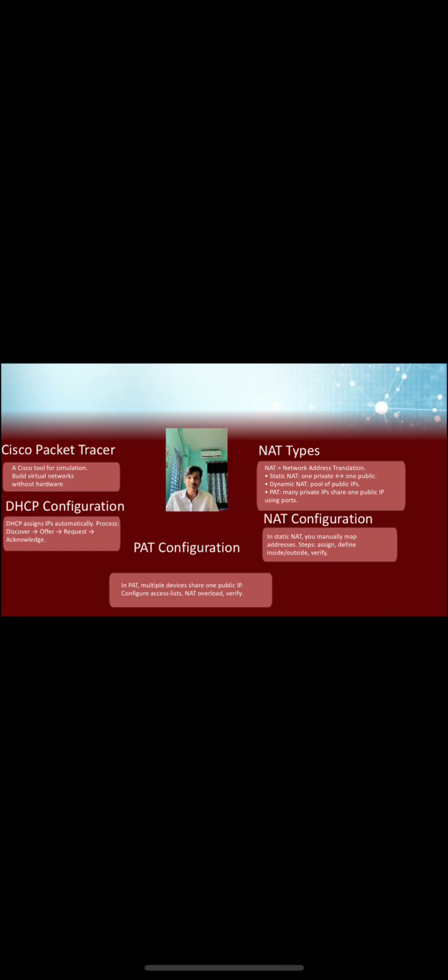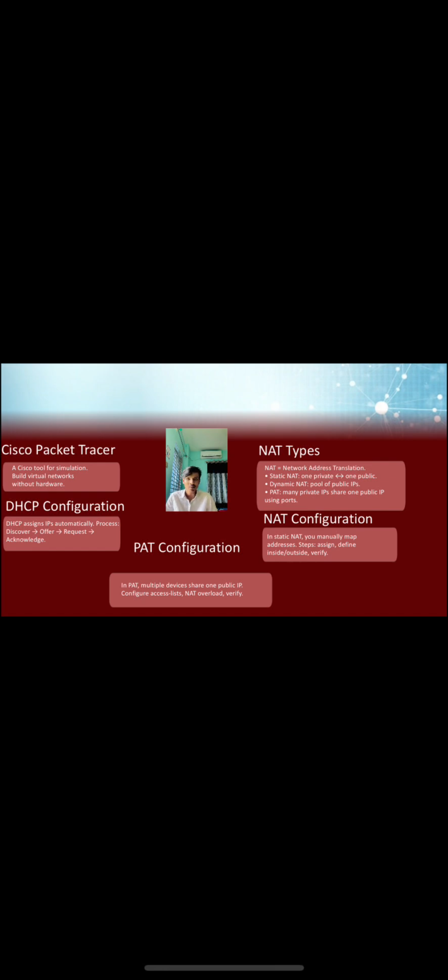NAT types. NAT allows multiple private IPs to use a single public IP. Types recap. Static NAT, one-to-one mapping, used for servers accessible from the internet. Dynamic NAT uses a pool of public IPs.